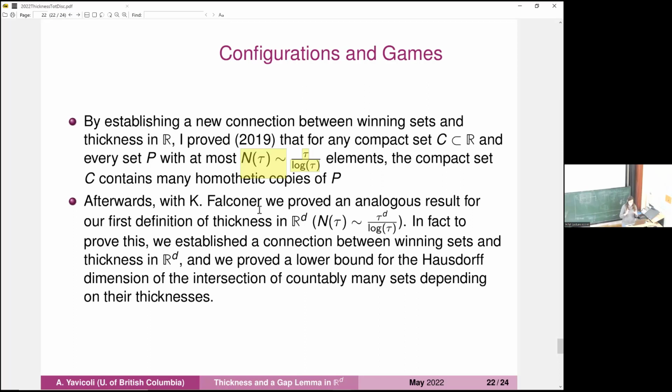I'm going to tell you what the definition of thickness was. It was the one with the green potatoes and the holes inside.